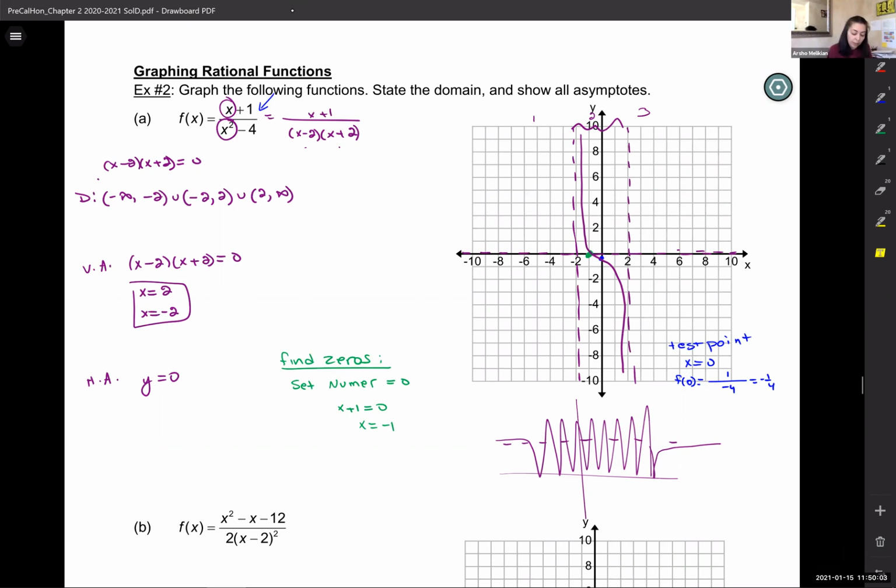These graphs are like those video games. You know how in some video games when the character goes off screen to the left, it re-enters to the right? That's how these are. If the graph goes off screen on the bottom to the left of the asymptote, it re-enters on the top to the right of the asymptote.